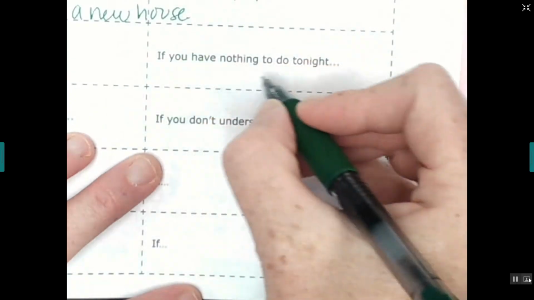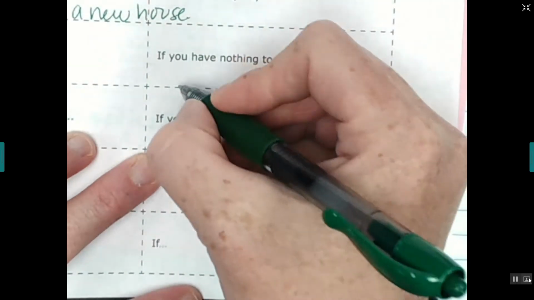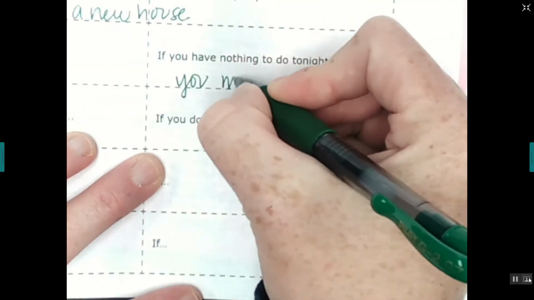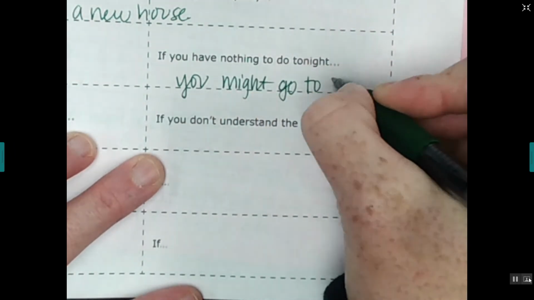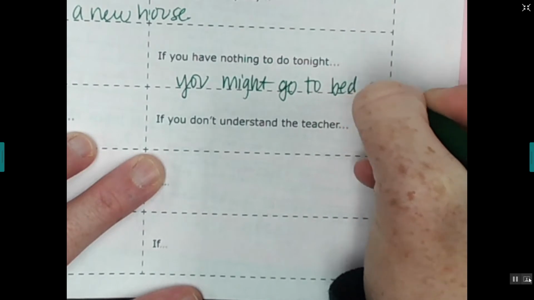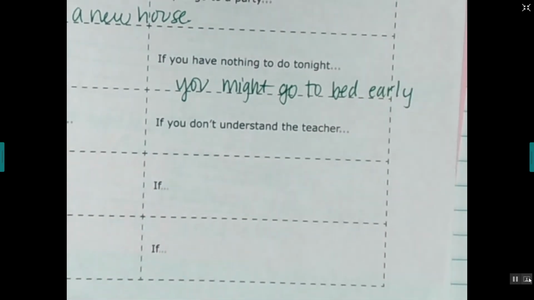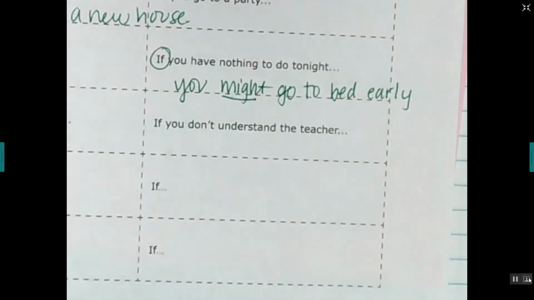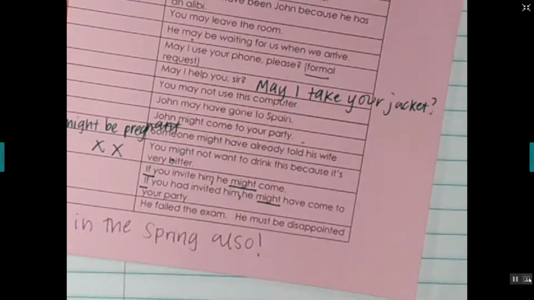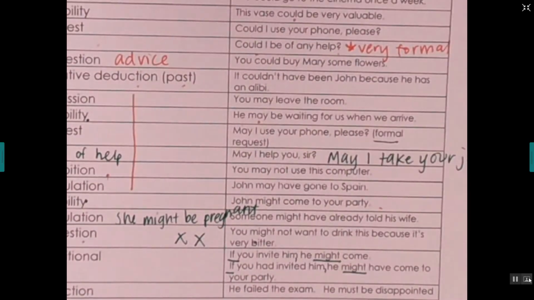If you have nothing to do tonight, you might go to bed early. Okay? So those are conditionals where you have the word if, and then you're going to use might. Okay? All right, let's do a quick practice.